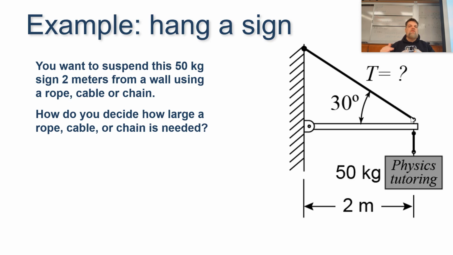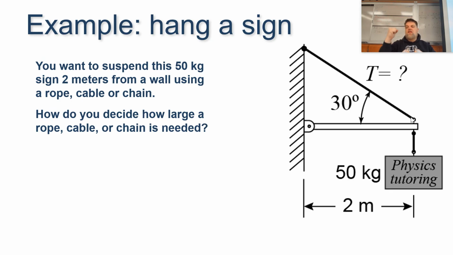So the tension force is the force that's applied to that cable. So really what we want to know is how much force is applied to that cable. Just off the top of my head, and we'll go over this in a little bit more detail in the next slide, the weight of that sign is a force, right?